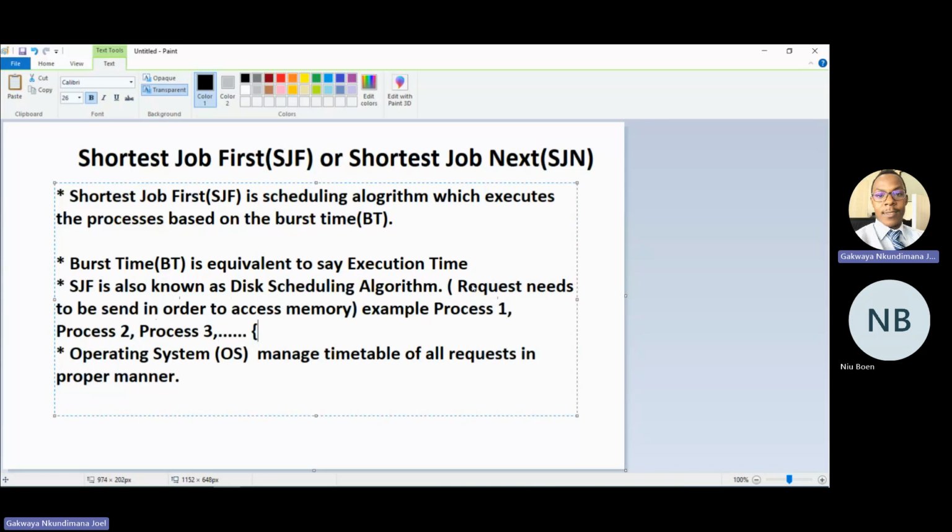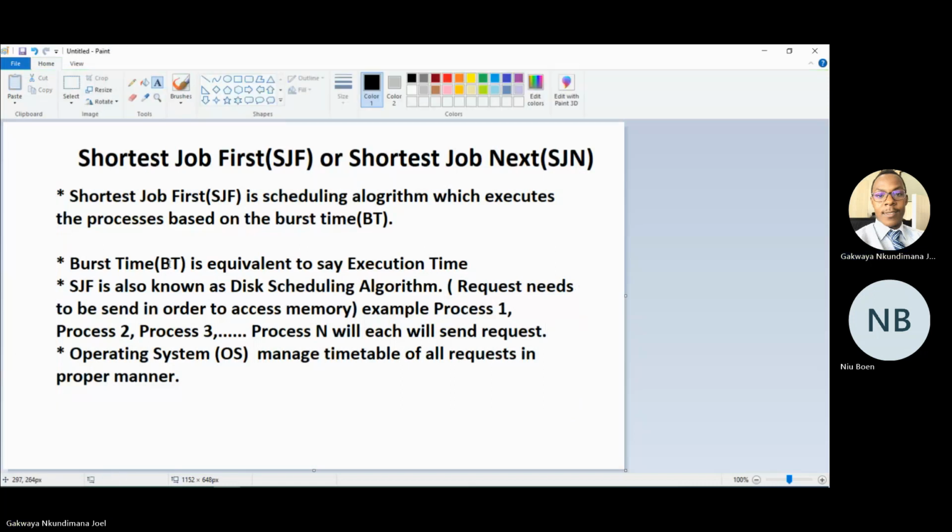You can go to process N. They will send a request. Once you send a request, what is going to happen? Then the operating system is going to manage all these requests which have been sent. I will put it in this way for you to understand better.